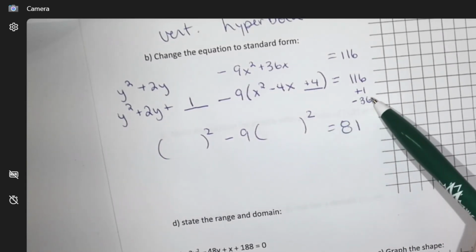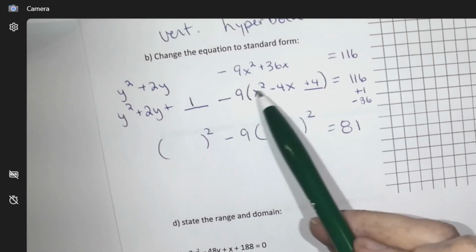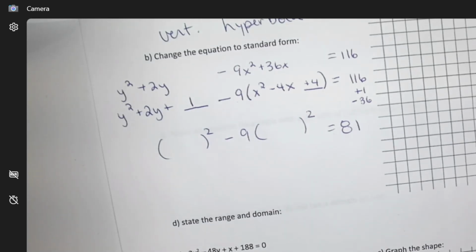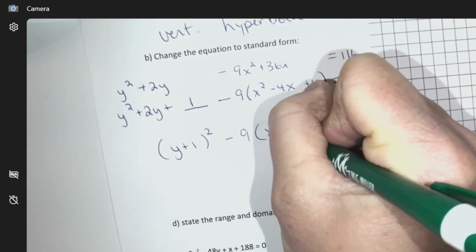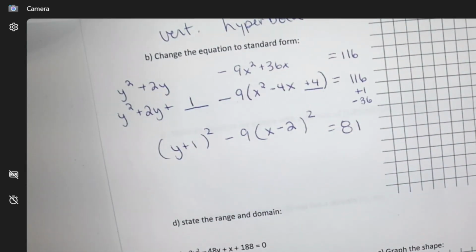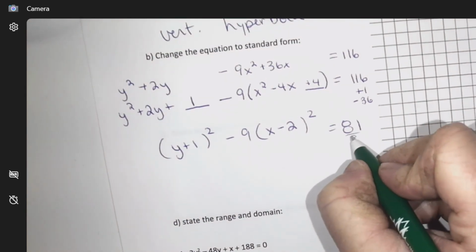Okay, don't forget when you balance this here, this is a minus 36 because it's the front times that number. Okay, again, the hyperbola equation is an equation that has to end with it equals 1. So I'm going to divide by 81.